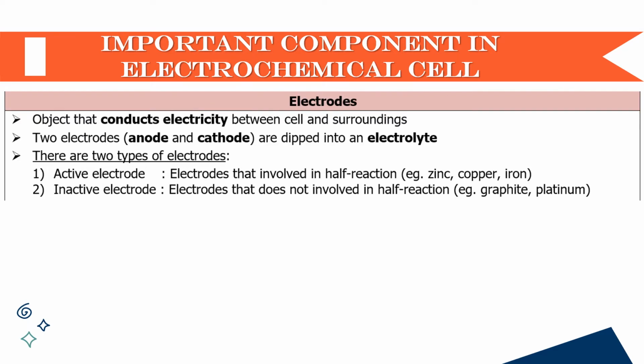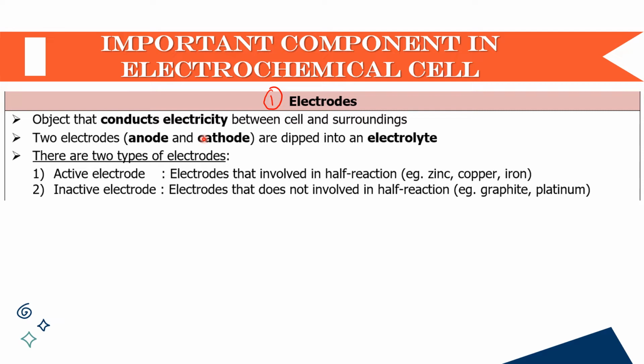What are the components that we need to look at? The first one is electrodes. An electrode is basically an object that conducts electricity between the cell and its surroundings.